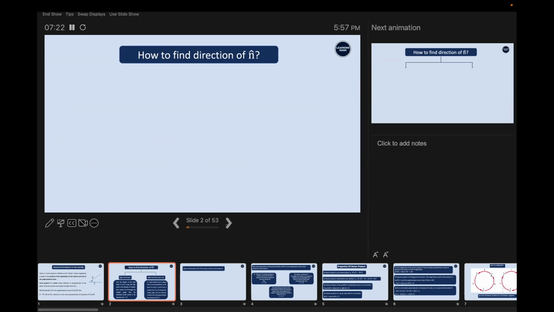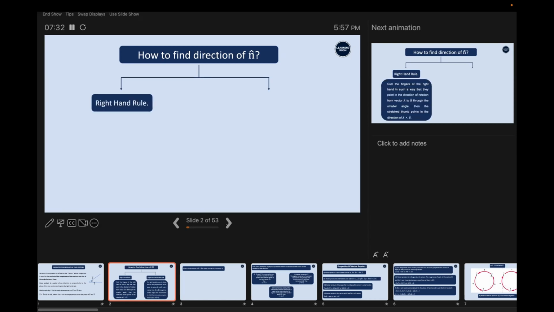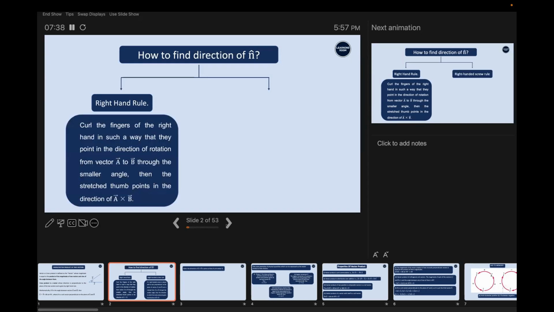For which we have two rules, of which the first one, I already gave it to you, is called the right hand thumb rule. And what does this right hand thumb rule actually mean, or how do we even apply it? The statement is given like this. As the name suggests, you definitely need to use the right hand.